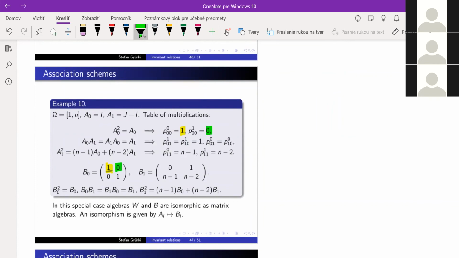So here you are collecting the structure constants which have first subscript 0. And into B1, you are collecting the structure constants which have first subscript 1.